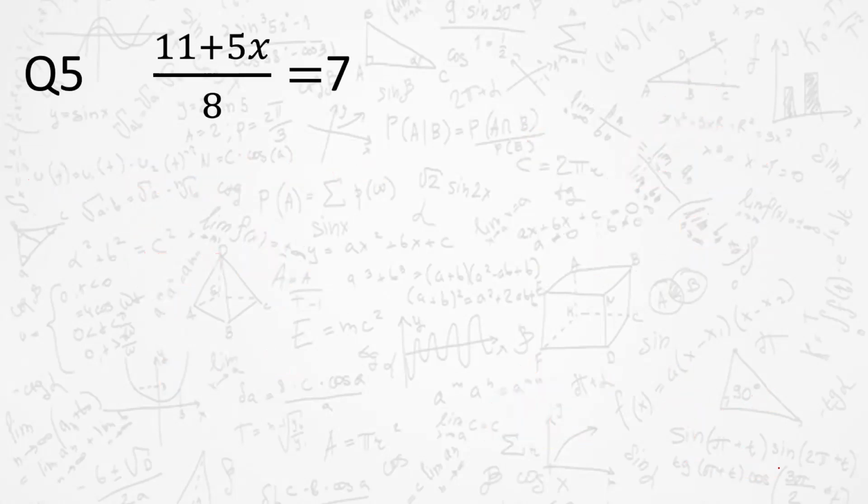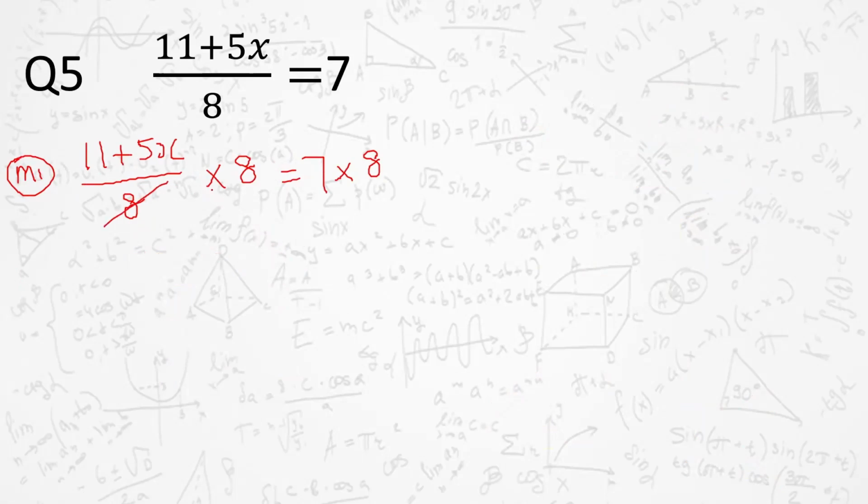Last one, question 5. So this time, slightly different, but the principle is the same. 11 plus 5x over 8 equals 7. Again, times the denominator, both sides by 8. Cancel. Left hand side, 11 plus 5x. Right hand side, 7 times 8 equals 56.